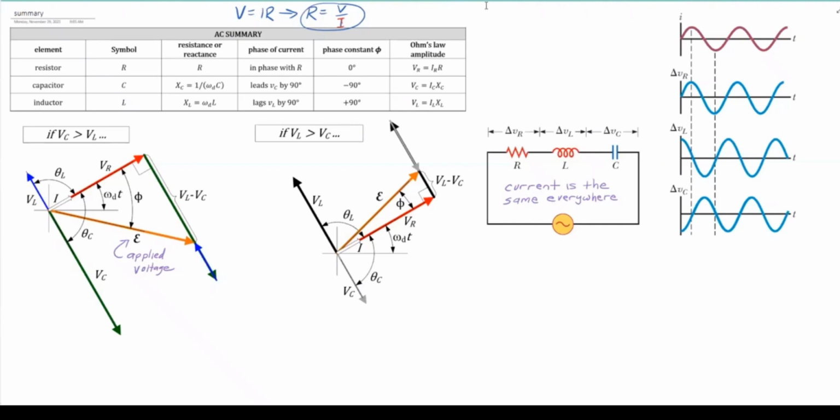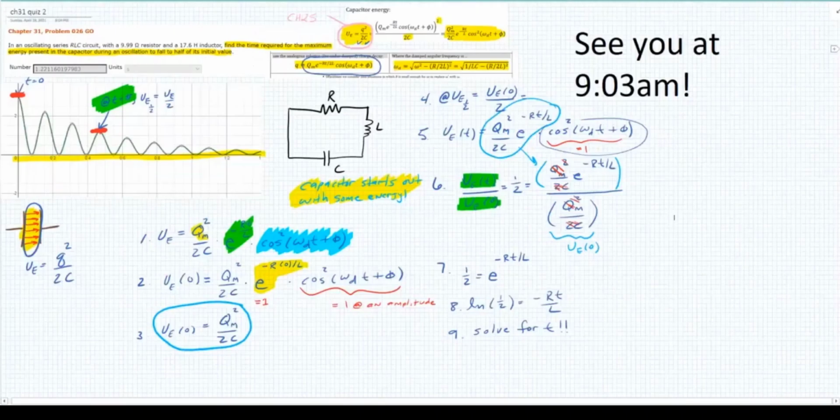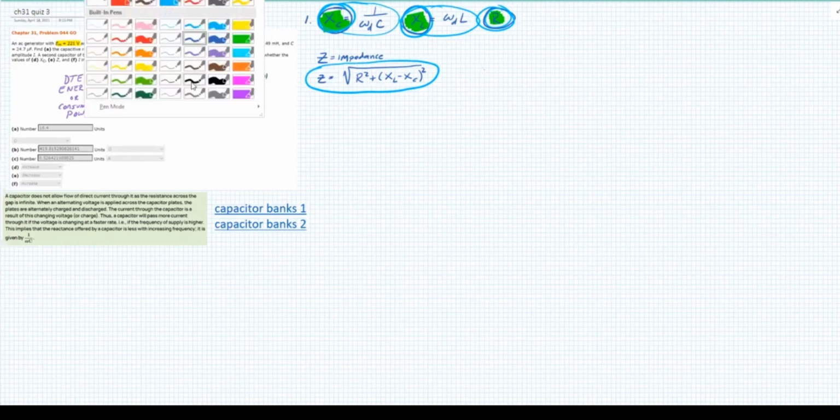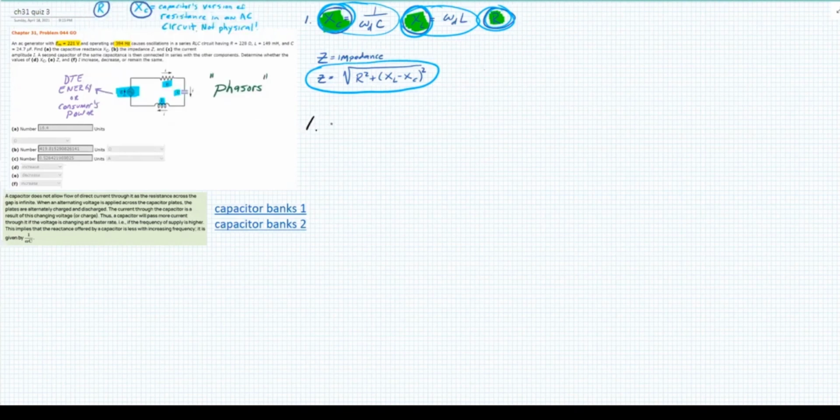That was a whole bunch of new introductions. So here's the situation. Part A says, for this RLC circuit that is now being powered by the fine people at DTE Energy or Consumers Power, what's the capacitive reactance? All right, and believe it or not, at this point, this problem will kind of go fast. Number one, part A says, what's the capacitive reactance?